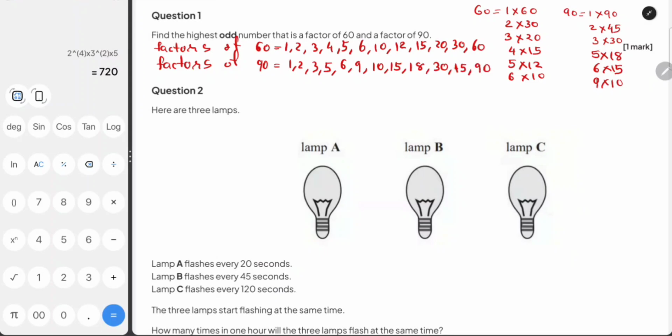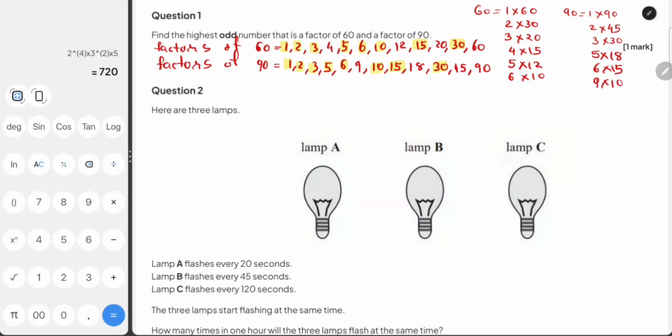Now I'm highlighting all the common factors. So you see 1 is common in both, 2 is common, 3 is common, 5 is common, 6 is common, 10 is common, 15 is common in both, and 30 is common.